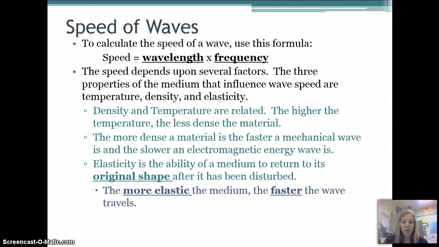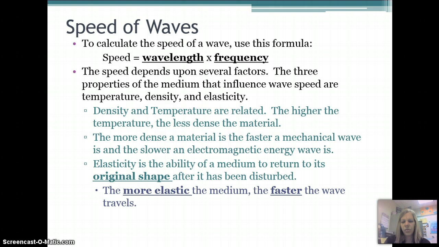Now, a mechanical energy wave has to have a medium to propagate, or transfer, the energy, and so it actually transfers energy more quickly if there is a denser medium, because the particles are very close together for it to move that energy wave.